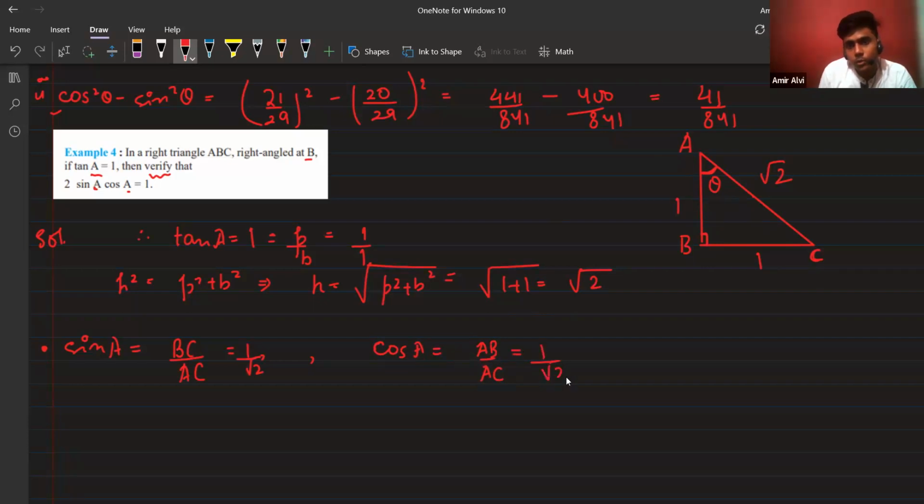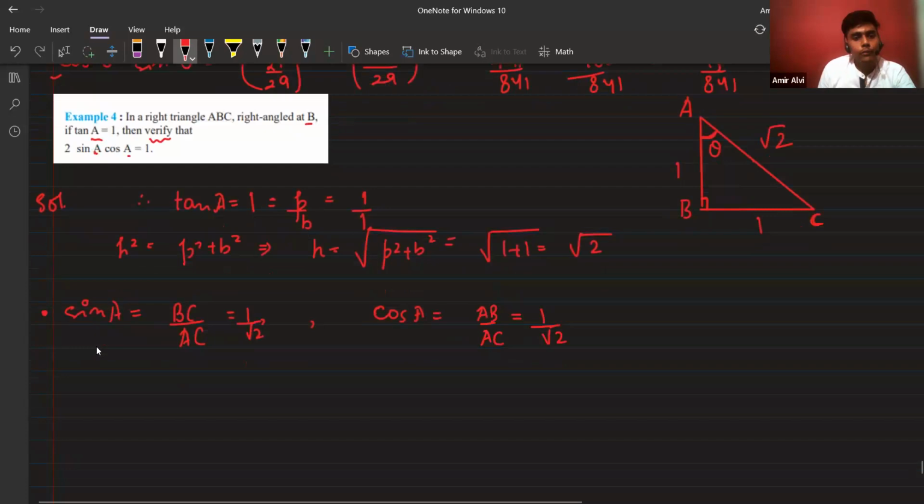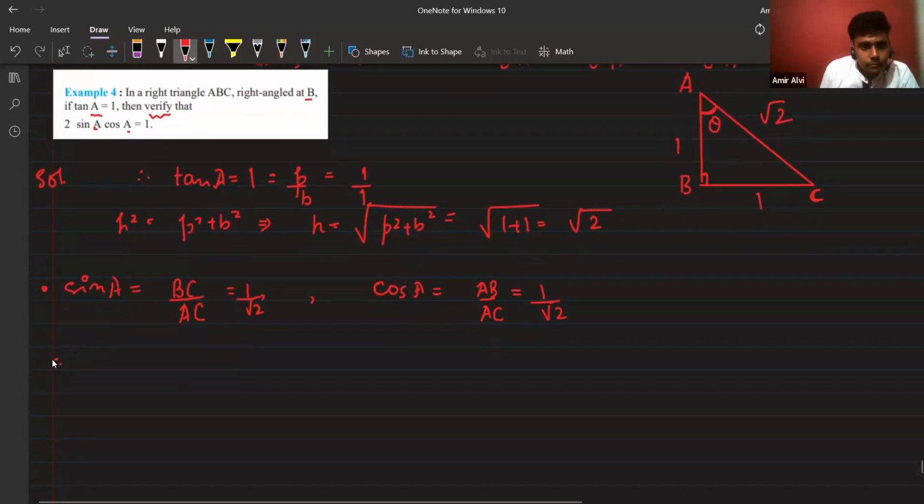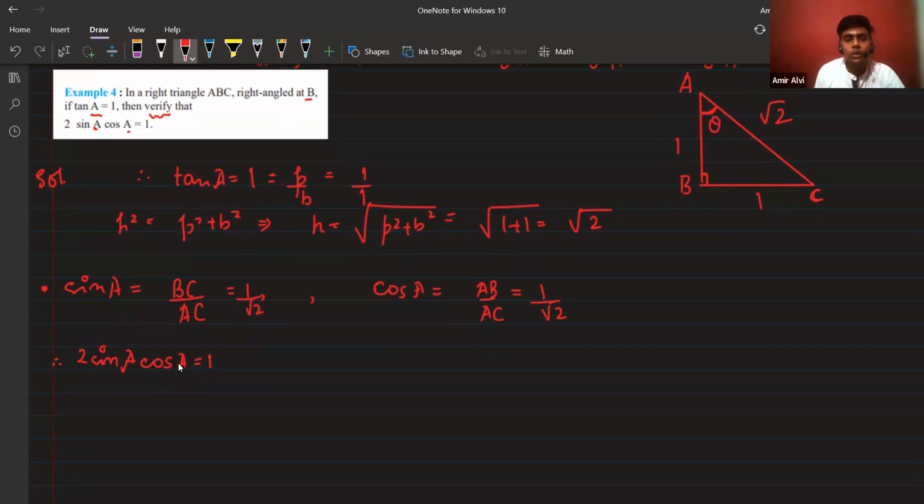Now the formula given is 2 sine A into cos A is equal to 1. We have to verify whether it is equal to 1 or not.